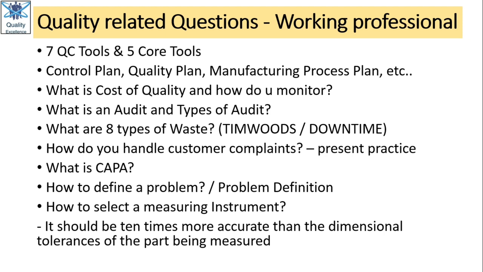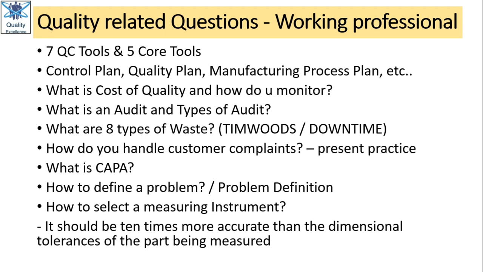Then control plan, quality plan, manufacturing process plan. So in your present organization where you are working, you might have come across these words: control plan, quality plan and manufacturing process plan. These are nothing but where all the process and product parameters are listed down. The frequency of process and product parameters to be checked is listed down.